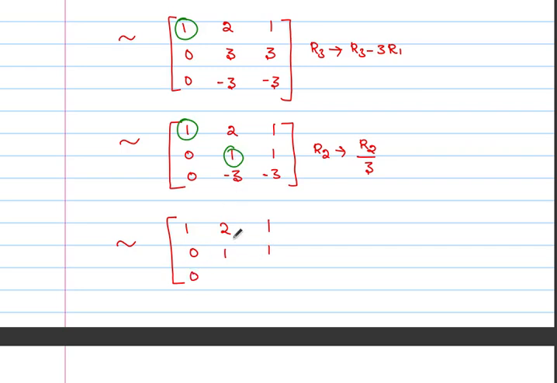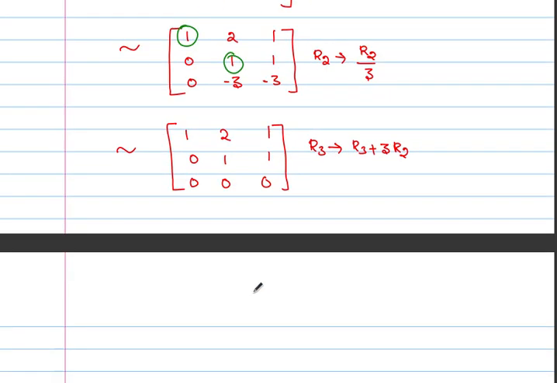The third row needs 3 times the second row added, correct? So the last row automatically becomes fully 0. So R3 is R3 plus 3 R2. My next aim is to make the entry above the pivot also 0. The last row I keep as it is; I don't want to disturb the last row.